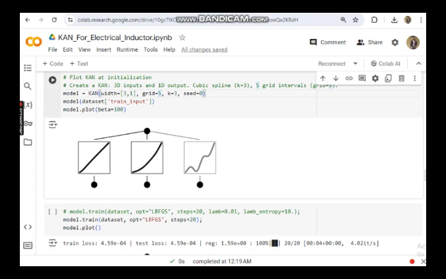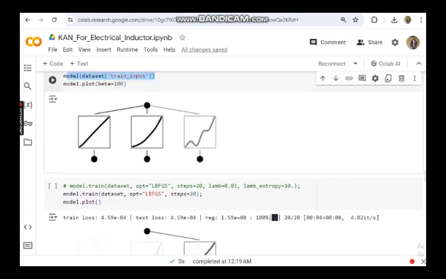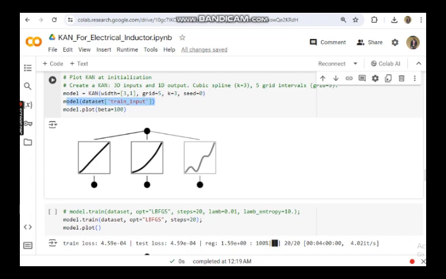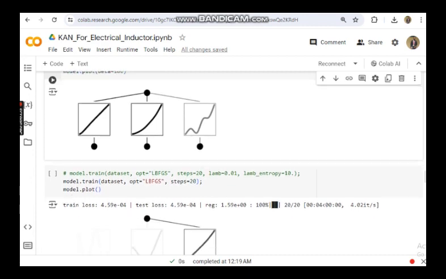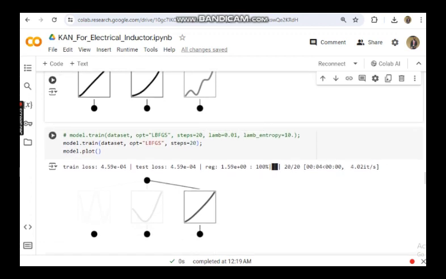Then the model is fed with the training data. We plot the first functions. So this one looks like a linear function, an exponential function. This function, I don't know it so well, but we can print the function out.